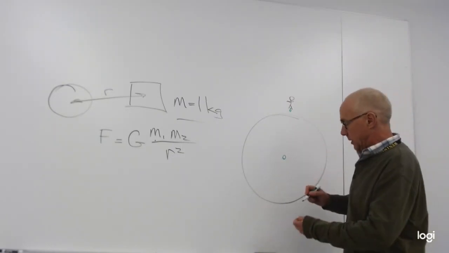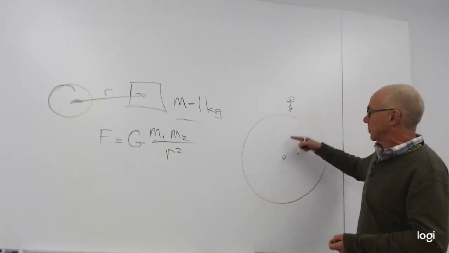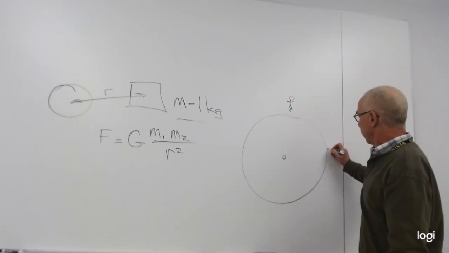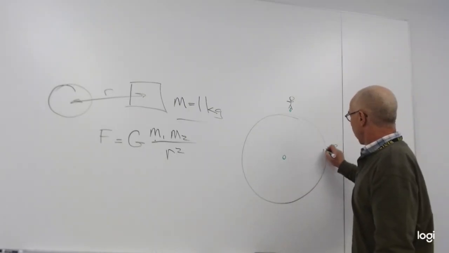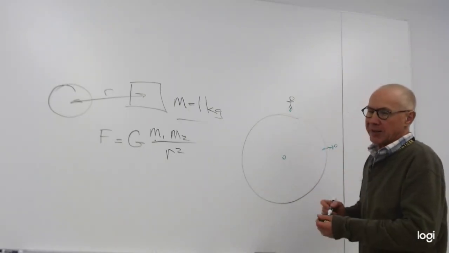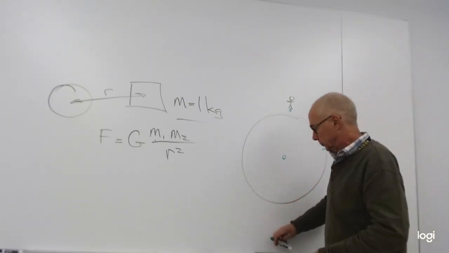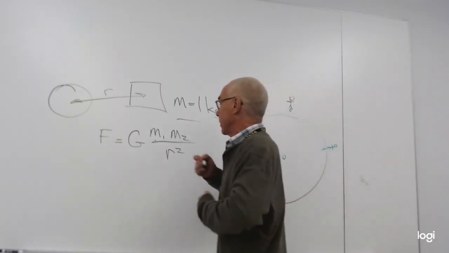The magnitude of that force doesn't matter whether I'm here or here. If I put my alternative me somewhere else on the planet, it also has a gravitational force, and these are approximately the same because the Earth is more or less a sphere. For very precise calculations, it will be slightly different.